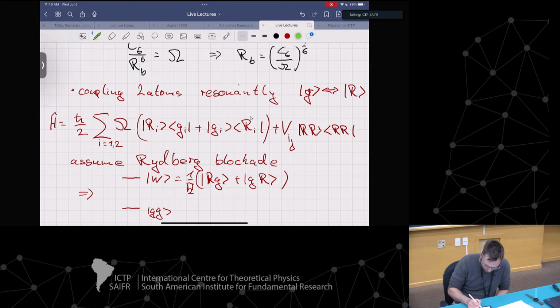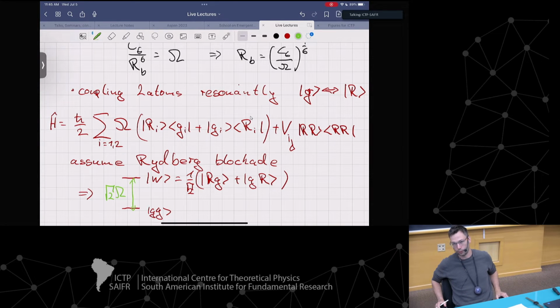And you're driving this with the same laser, but you will find that you're driving it at an enhanced Rabi frequency, enhanced by the square root of the number of atoms. So square root of 2 omega drives now this W state.